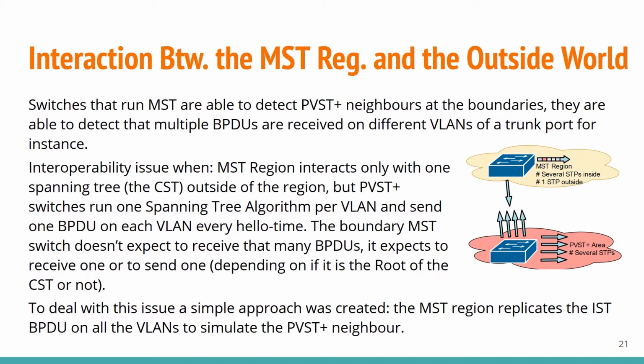The boundary MST switch does not expect to receive that many BPDUs. It expects to receive one or to send one, depending on whether it is the root of the CST or not. To deal with this issue, a simple approach was created. The MST region replicates the IST BPDU on all VLANs to simulate the PVST plus neighbor.